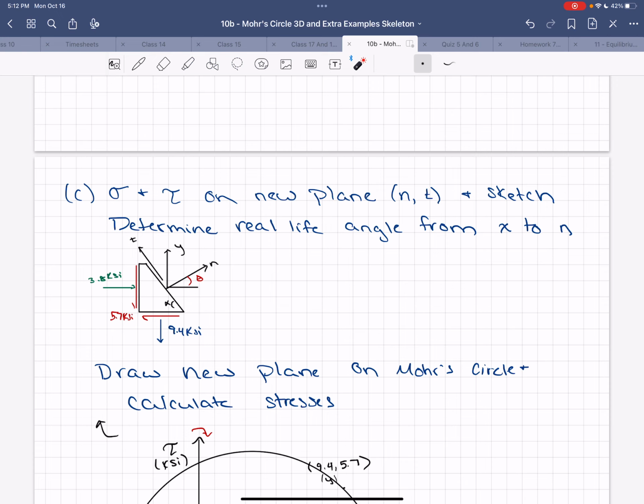I'm glad I did it. All right, so now I have this angle theta, I have this angle alpha. I need to figure out what this angle alpha is first, so that then I can figure out what theta is.